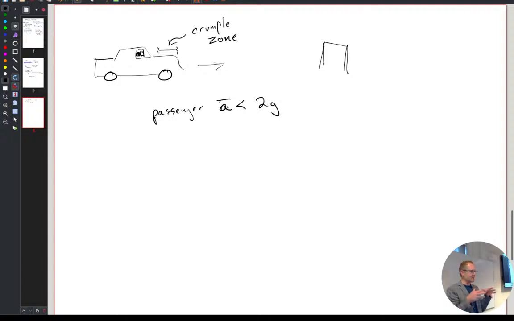So if we're trying to keep the passenger always less than 2 G's, then what is the stiffness and how much crumpling could we have as it strikes that wall, so that the person inside is never coming to an immediate stop. Worst case is an actual rigid body car striking the wall, and the passenger either goes through the windshield, continuing at the speed of the car, or comes to an immediate stop where acceleration is infinite.